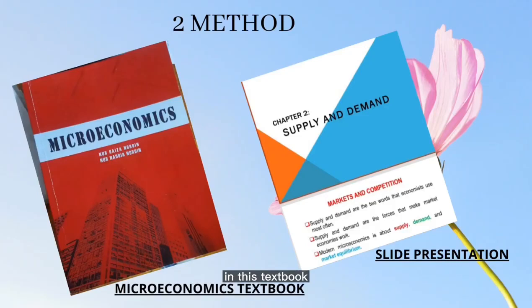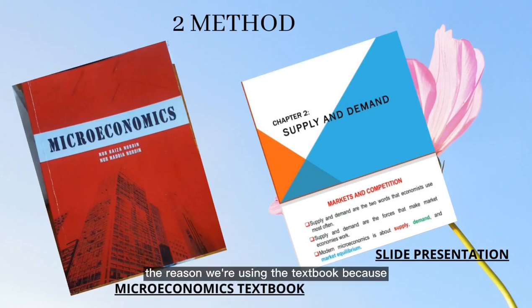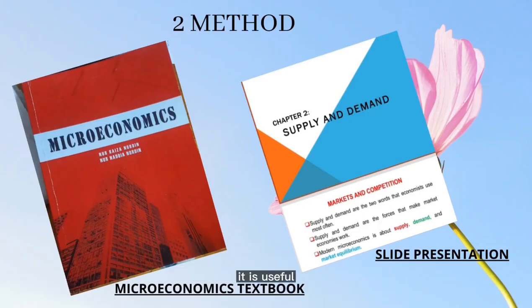In this textbook, we got a lot of information such as the example of the graph and the explanation of the graph. The reason we used the textbook is because it is useful and gave more detail for us about how to do the question.